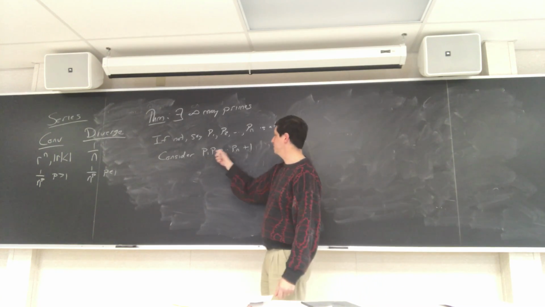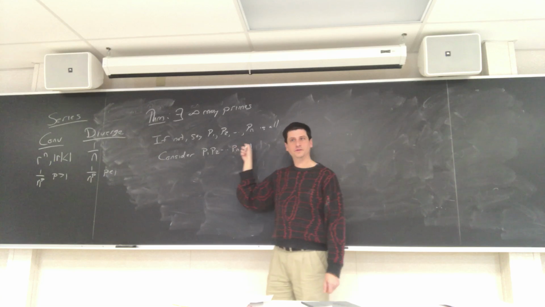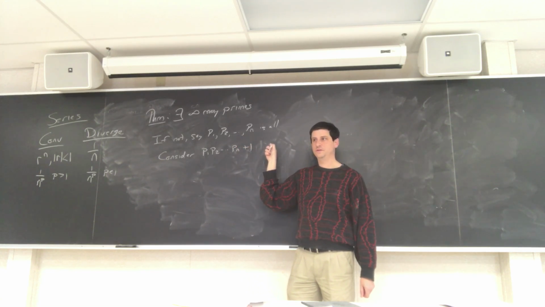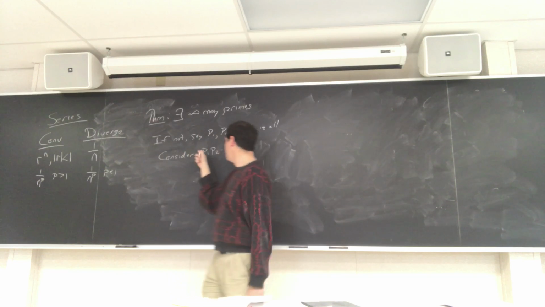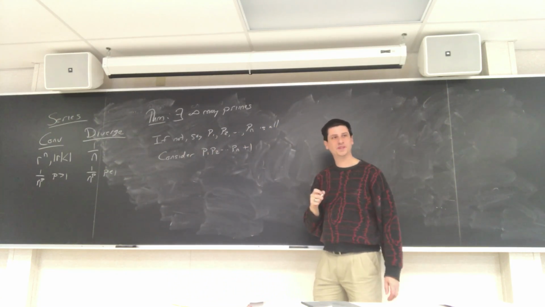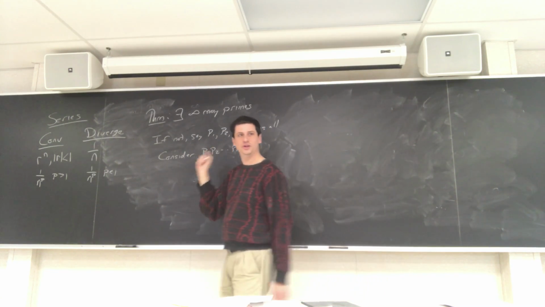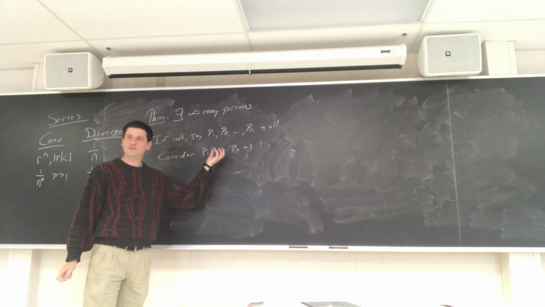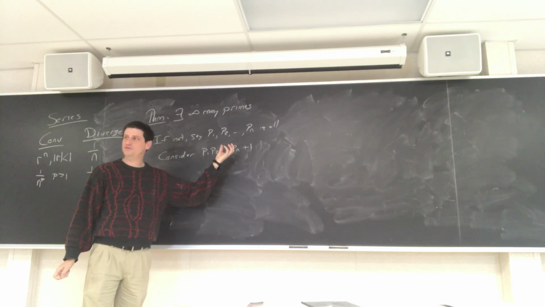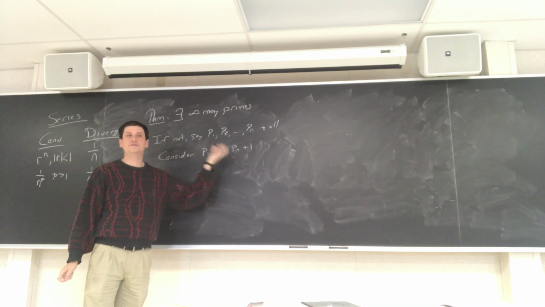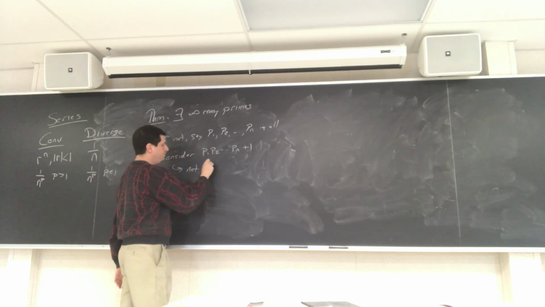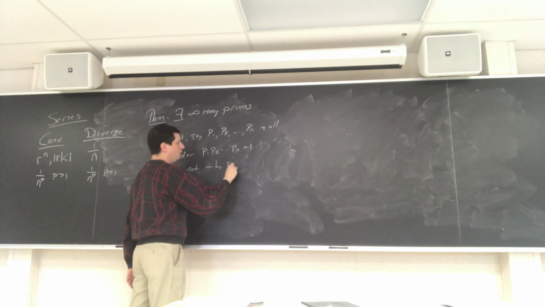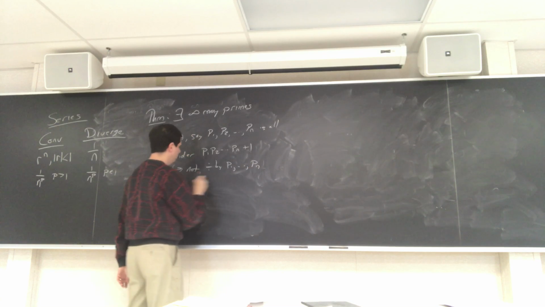Can P1 divide this? No. Why can't P1 divide this? Because you're adding 1 to it. Yes, so the remainder when you divide by P1 is 1. Can P2 divide this? No. So none of the primes on our list can divide this. So either it's a new prime, or it's divisible by a prime not on our list, not divisible by P1 to Pn.